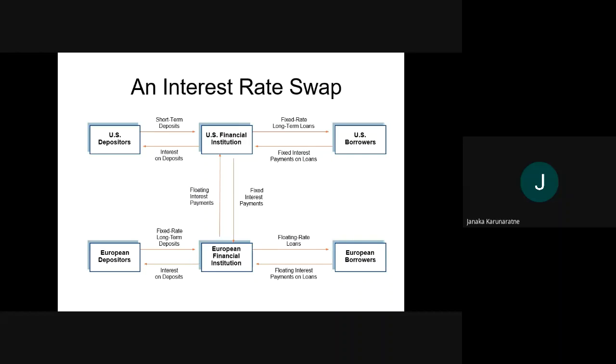So what happens now, whether the interest rate goes up or down? Am I worried? No, because now I have more rate sensitive liabilities in the US as a US financial institution, but I am getting floating interest rate payments, so I am not worried.